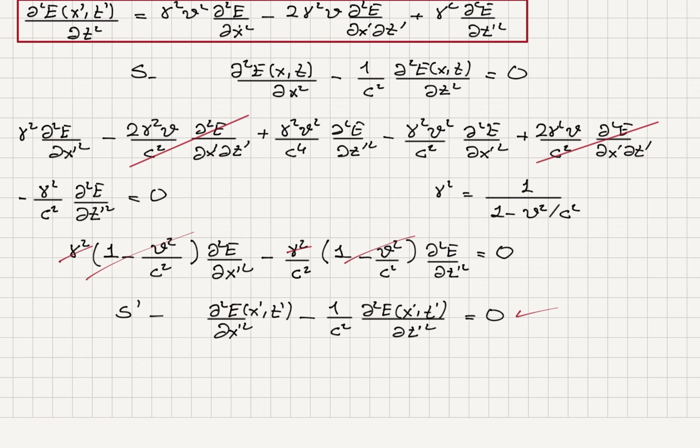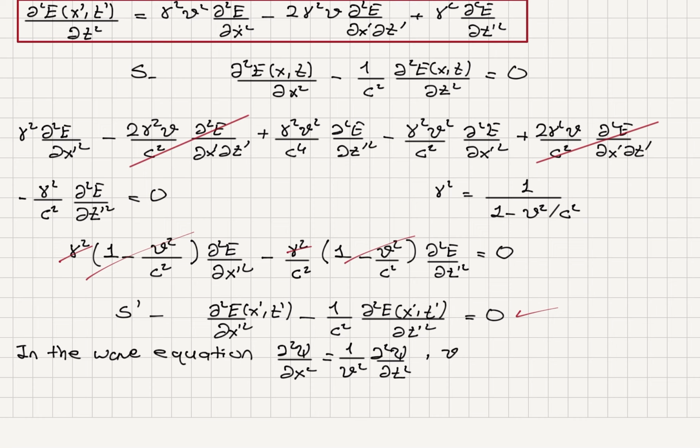Now, in this wave equation, del square phi del x square is equal to 1 over v square del square phi del t square. This is the general form of the wave equation from wave mechanics.